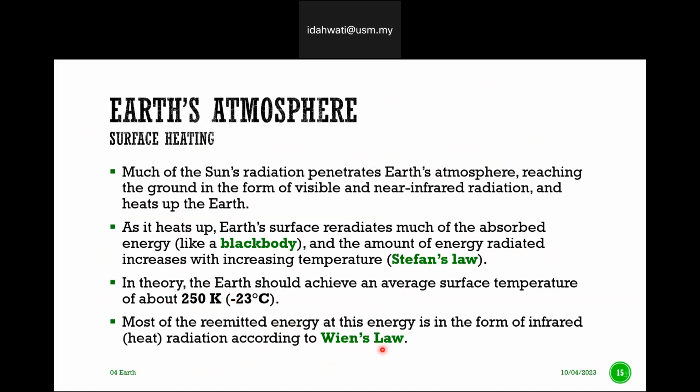What does Wien's law state? Most of the re-emitted energy is in the form of infrared radiation according to Wien's law.